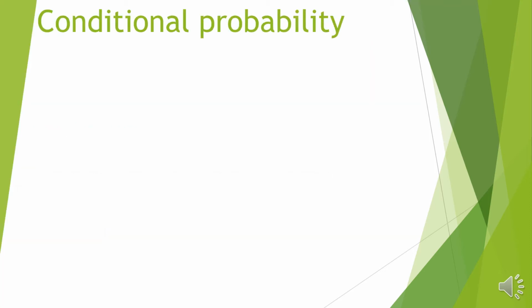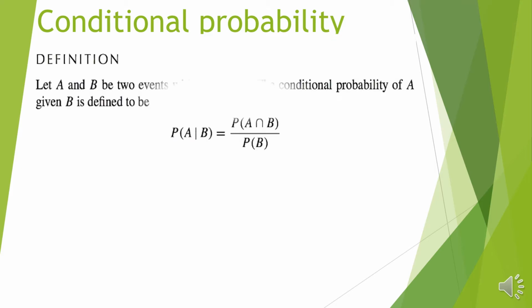The second main point, the conditional probability. Very important. What do we mean by a conditional probability? Let's see the definition. A and B are two events in the sample space with the property that probability of B does not equal 0.